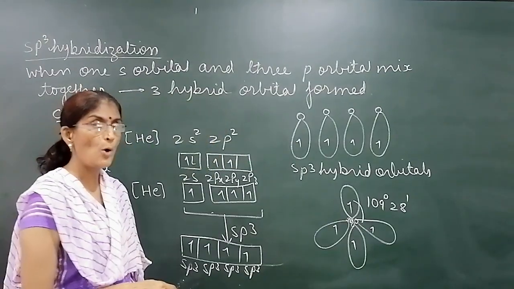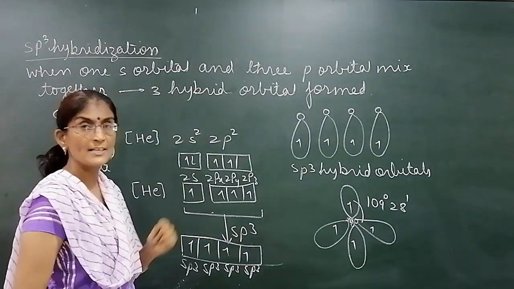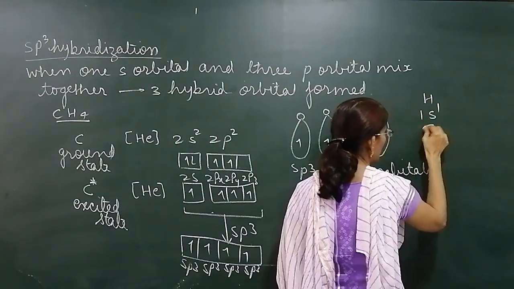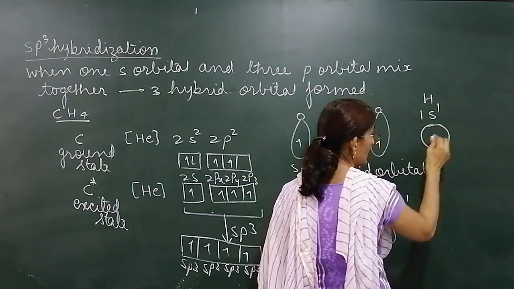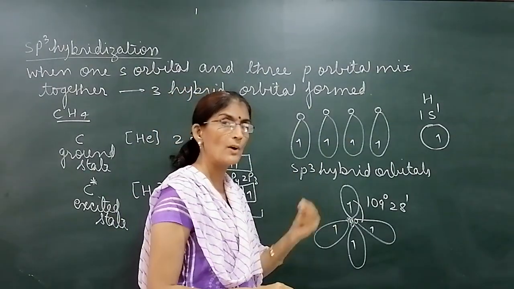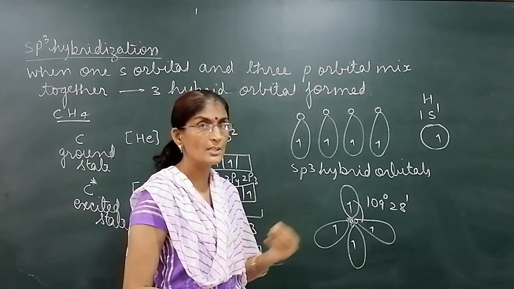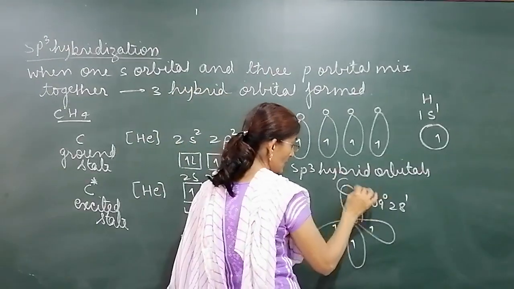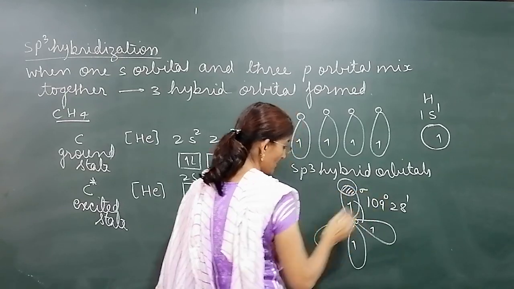Now how is methane formed? 4 hydrogen atoms are there. We know the configuration of hydrogen is 1s1, meaning hydrogen has a 1s orbital in which an unpaired electron is present. These 4 hydrogen atoms overlap with the carbon hybrid orbitals and form 4 sigma bonds. Hydrogen overlaps with this and forms a sigma bond.